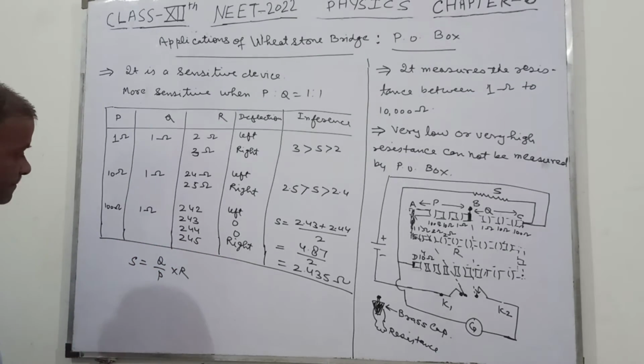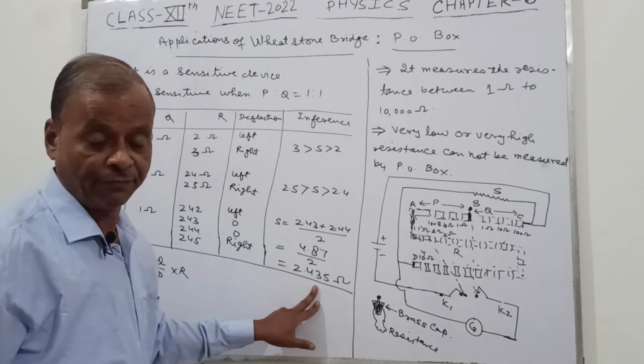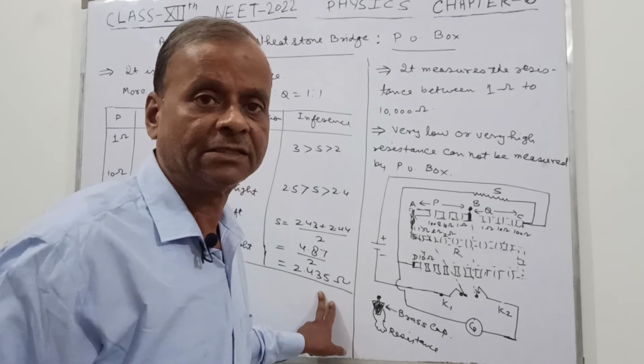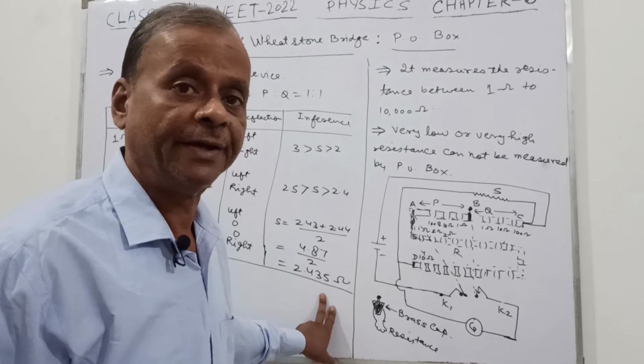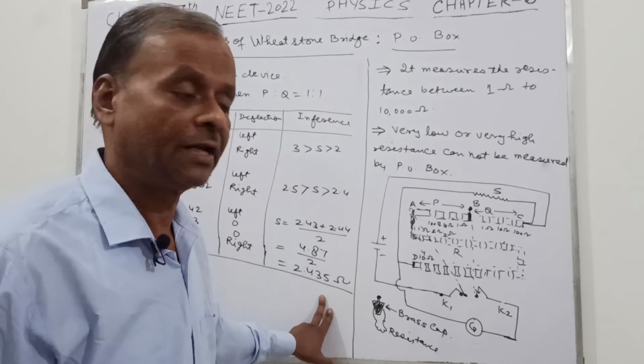When we know the resistance, we can find out the length of the broken wire or of the transmission line.